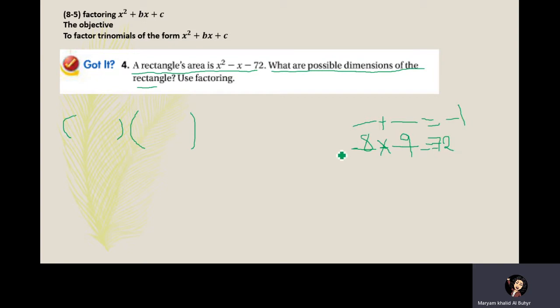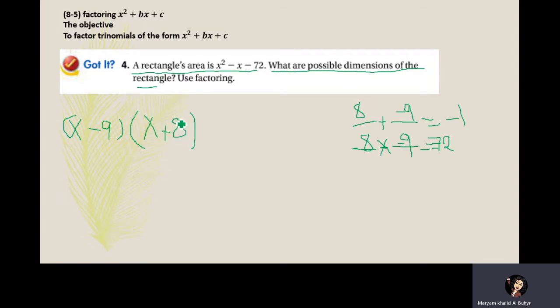One of them should be negative, because I need negative 1. So I should put the negative with the 9. Here 8 plus negative 9, according to the sign rule, will be negative 1, and here 8 times negative 9 is negative 72. So you can say directly (x - 9)(x + 8).